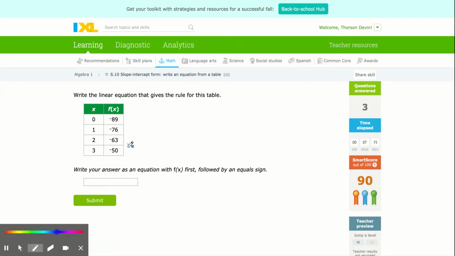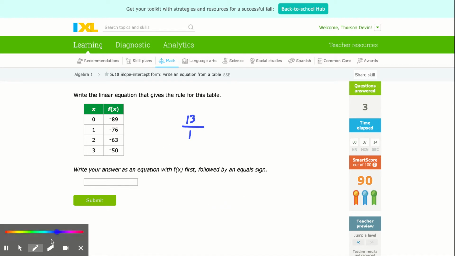So very quickly, I'm just going to do this almost in my head. Negative 76 minus a minus 89, or plus 89, is going to be a 13 over, going from 1 to 0 is an increase of 1, or 1 minus 0.